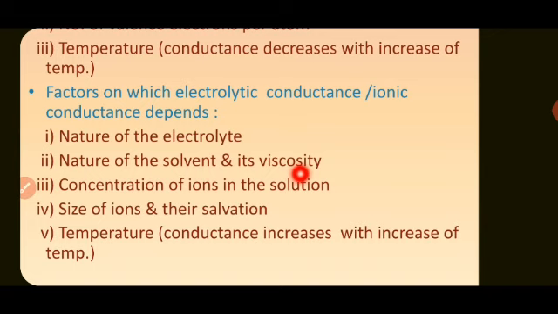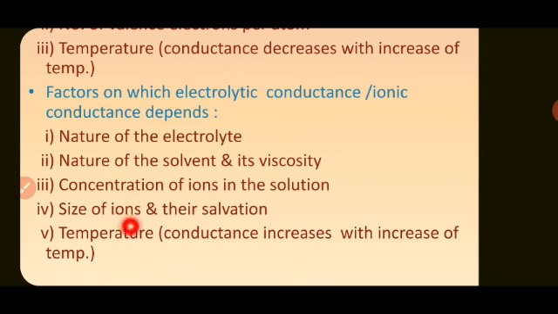And viscosity means resistance to flow. Then concentration of ions in the solution. If the concentration of ions is more, obviously the conductance is more. Size of the ions and their solvation. Solvation means capacity to dissolve in water, or hydration.